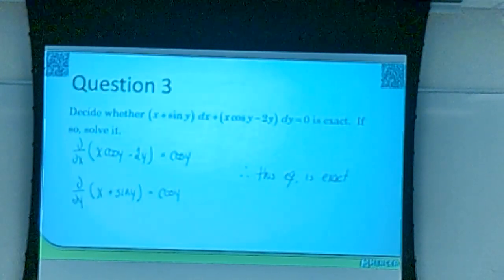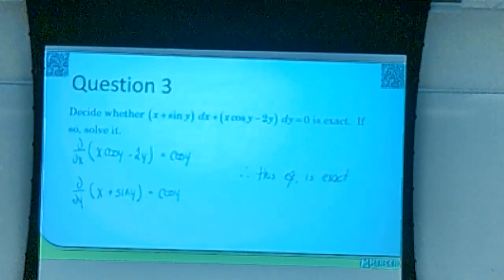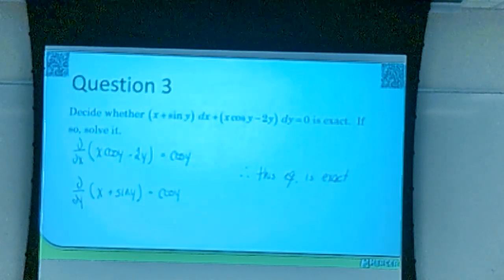Right, that means that there's going to be a function whose partial with respect to x is x plus sine of y, and its partial with respect to y is x cosine of y minus 2y. Our goal is to find that function.